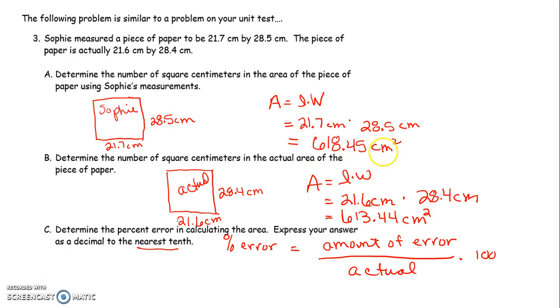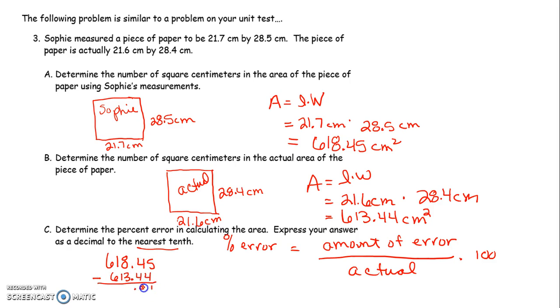Sophie's measurement is a little bit high, and that's fine. Sorry. She got 618.45 square centimeters for her area. The actual was 613.44.